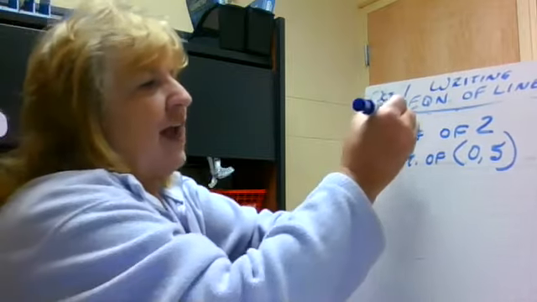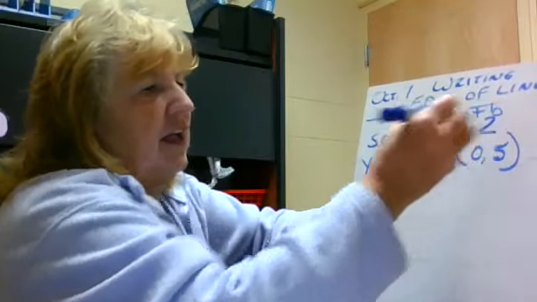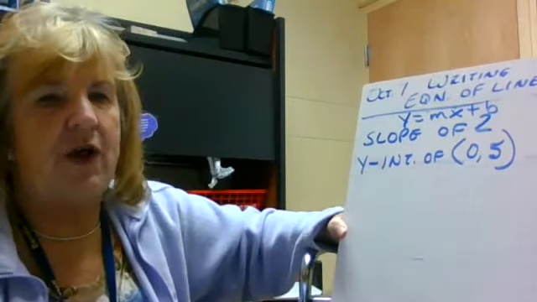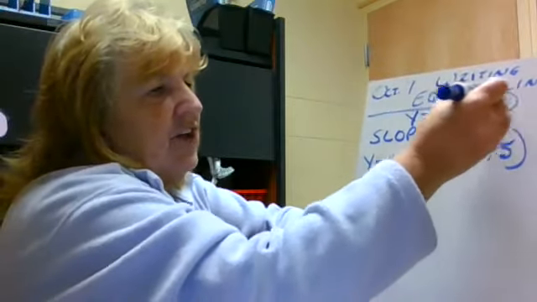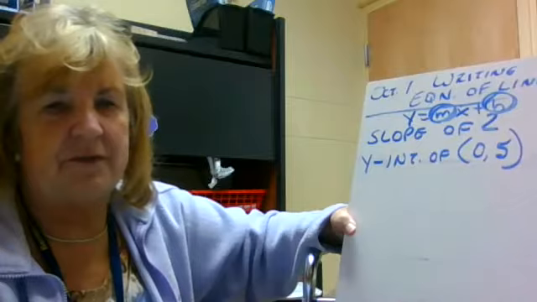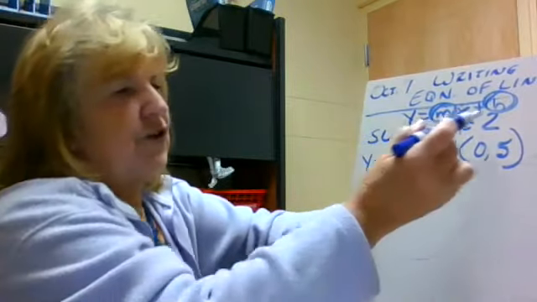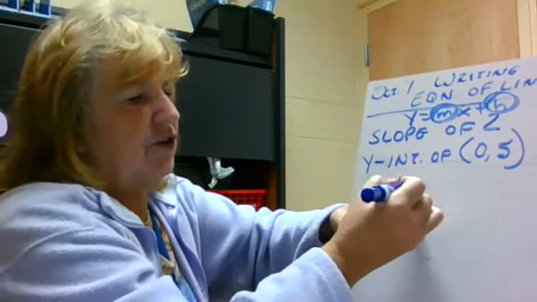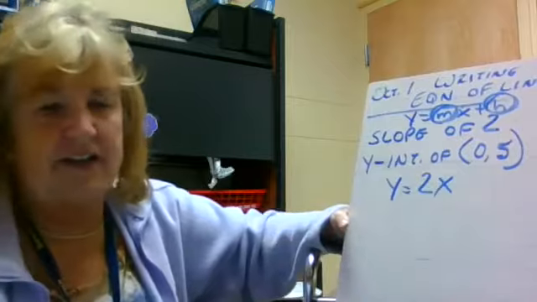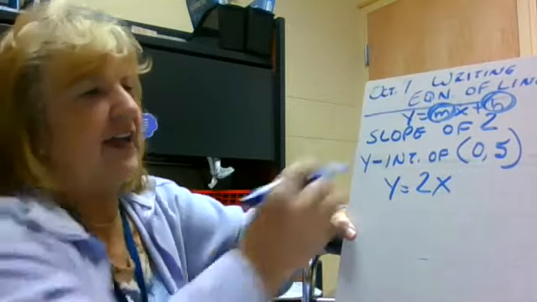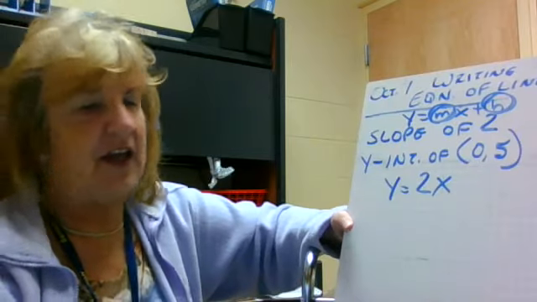Okay, we have y equals mx plus b. To write the equation in that form, you have to have the slope, you have to have this, and you have to have the y-intercept. Well, we have the slope. It's a 2. So you put a 2 there. And again, remember, the x stays in the problem. And then if you have the y-intercept, that's what goes in place of the b.